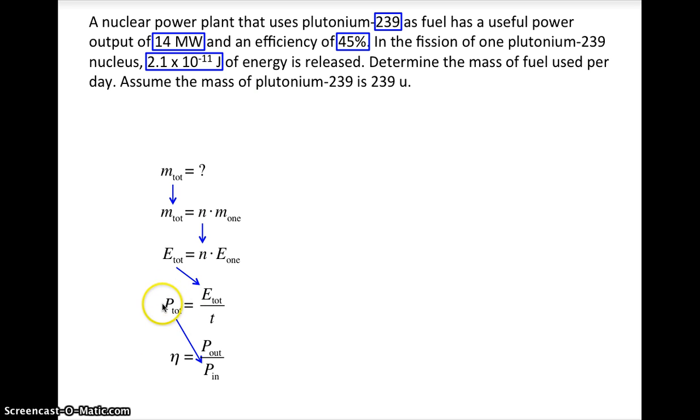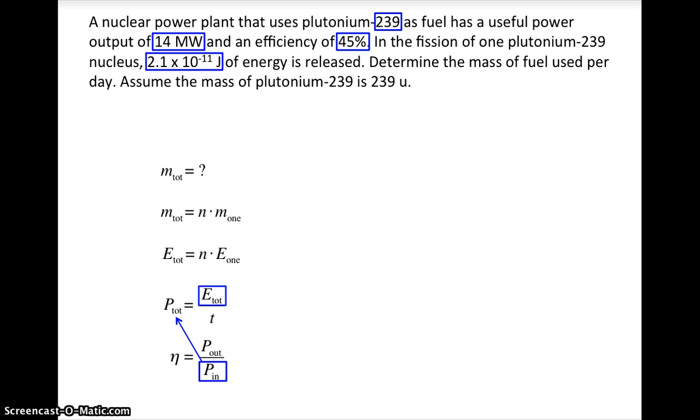Now, this is the power provided by the plutonium. The plutonium is the input power, and the electricity is the output. So in this equation, we're looking to plug in the input power, not the output. All right, so once more, we're going to find the input power from this equation, and then we'll substitute it into the next one.